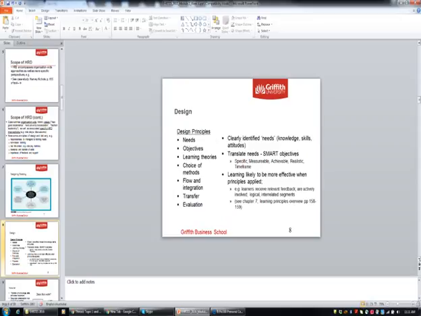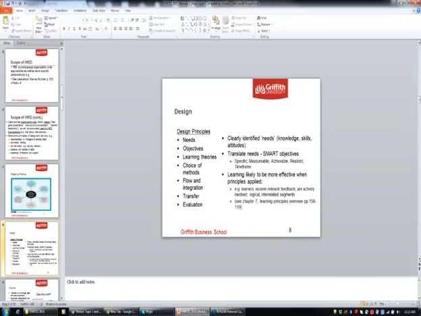So the design principles relate down the left-hand side of this slide to needs, the objectives that we set up, the theories that we bring into play, and that we rely on to help guide us in our choice of what we do, how we choose those methods, how it all flows and integrates, and that's the value of the session plan.